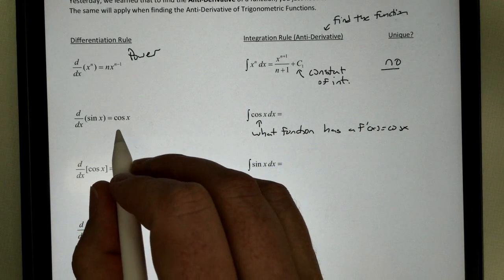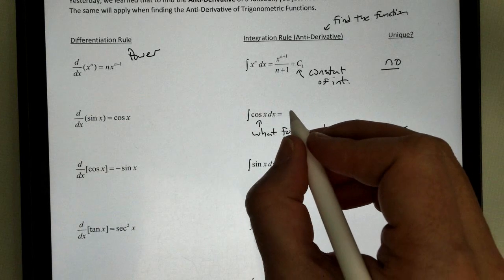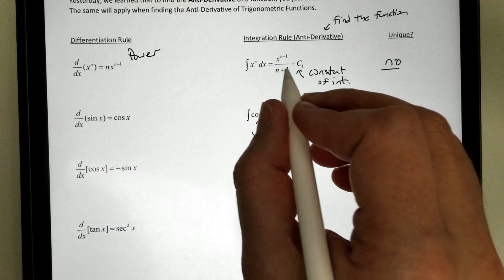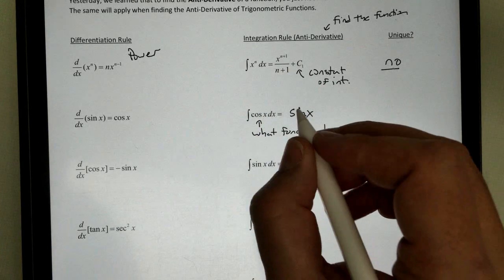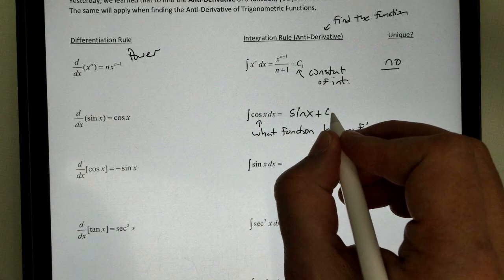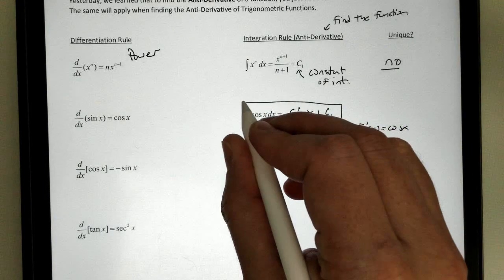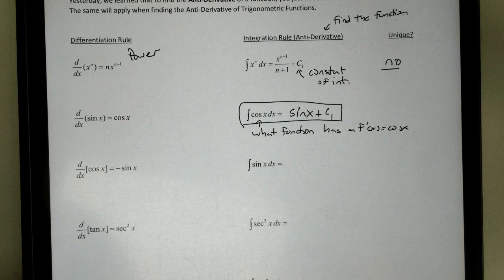Well, the answer, of course, is sine of x. Now remember, it has an initial constant there, but we don't know what it is, so we're just going to call that plus c1. So the antiderivative of cosine is sine of x plus our constant of integration.